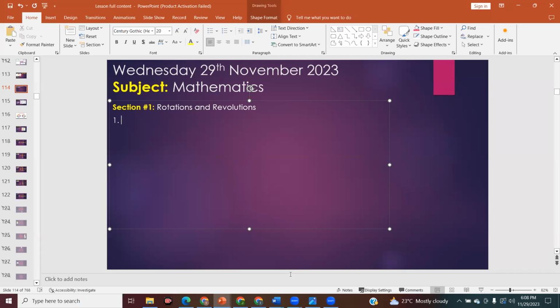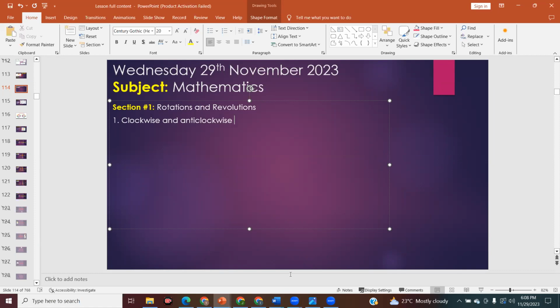Now, how about a clock? So you have clockwise rotation, and we have anti-clockwise rotation.